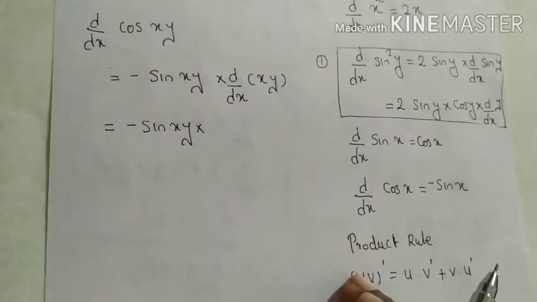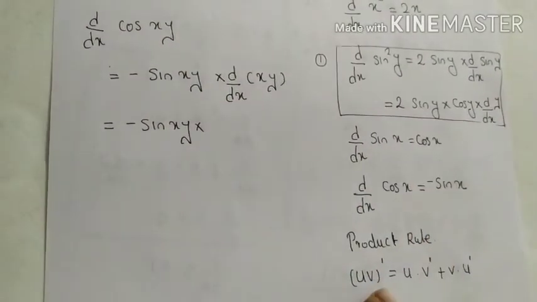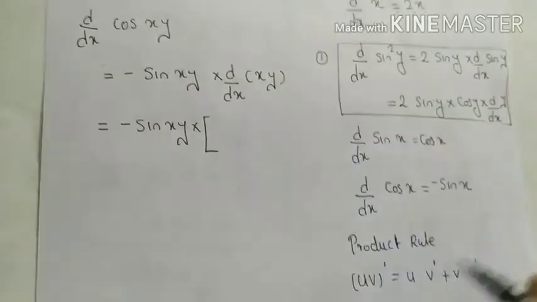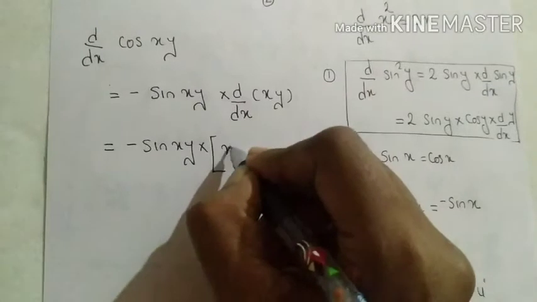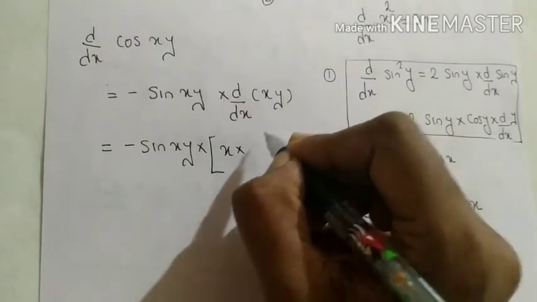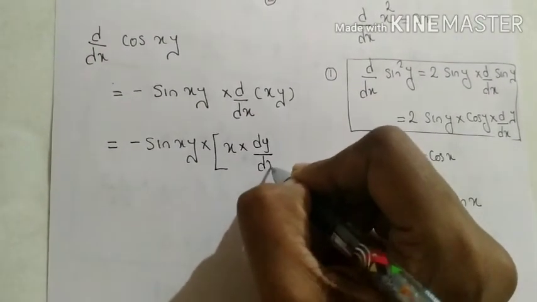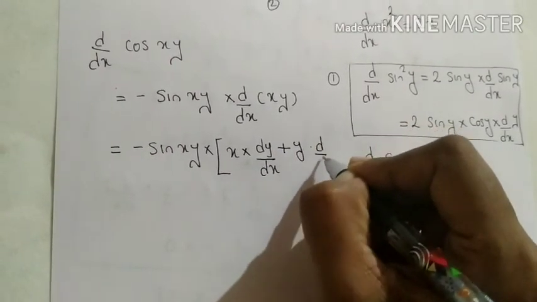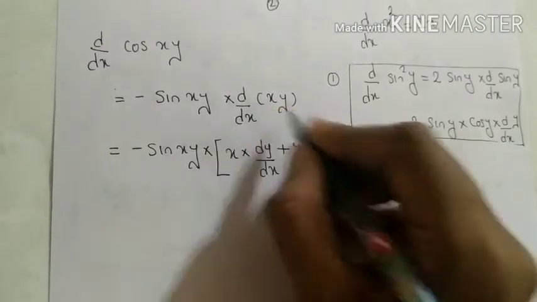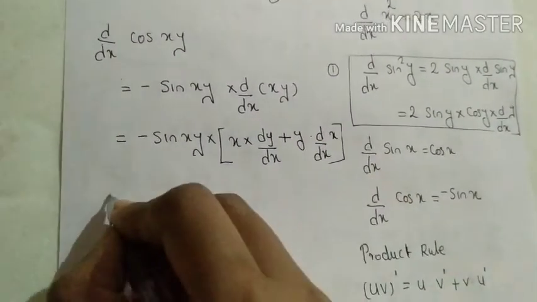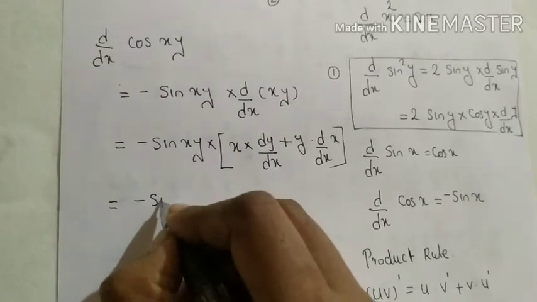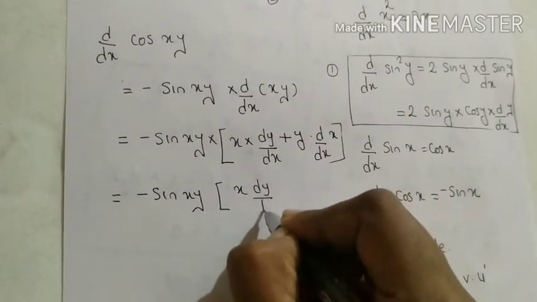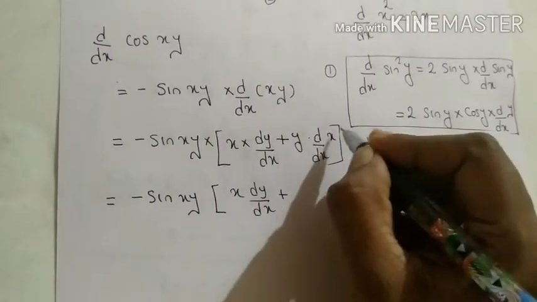So we need to apply the product rule. We get the first function x into the derivative of the second function, dy by dx, plus the second function y into the derivative of the first function x. So here we get minus sine xy into x into dy by dx plus the derivative of x, which is 1.